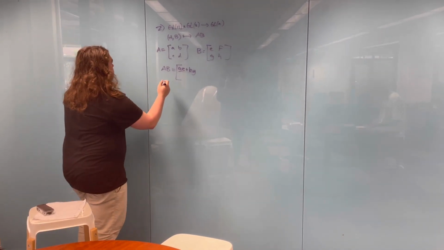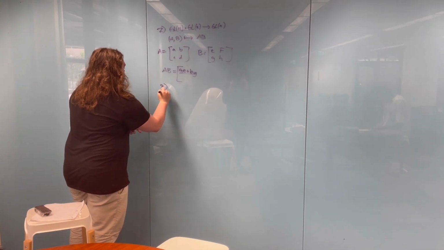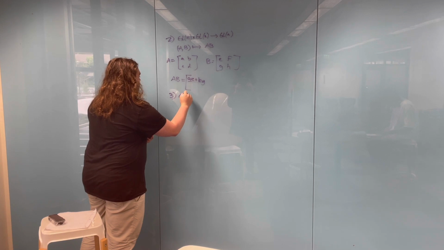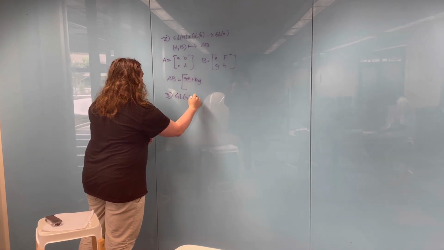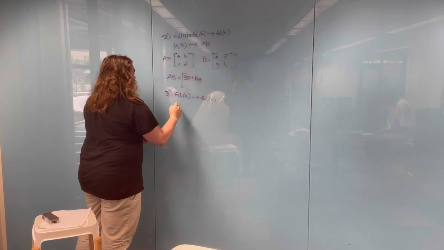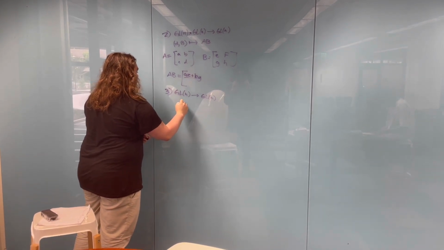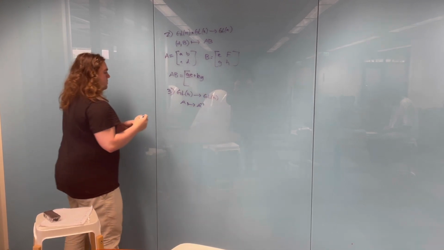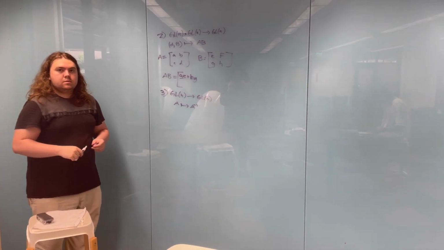And then condition 3, we need to show that GLN taking A to A inverse is continuous.